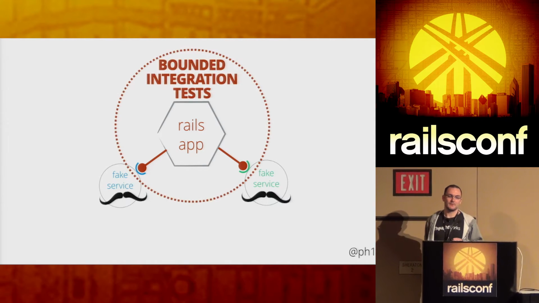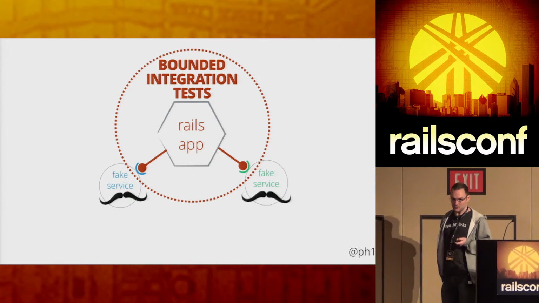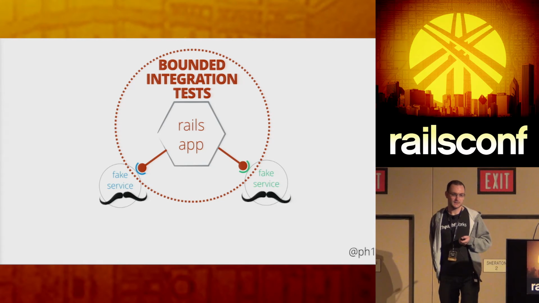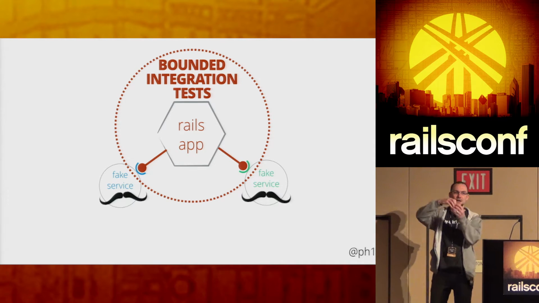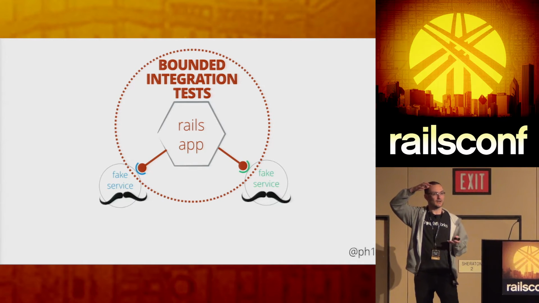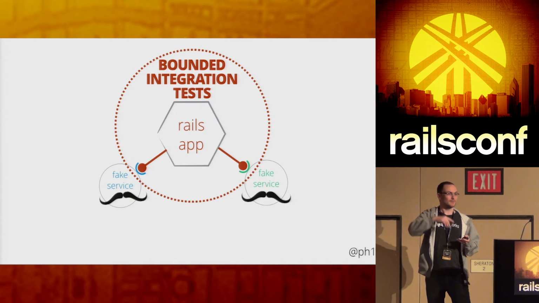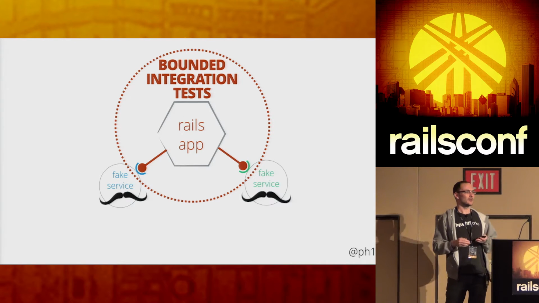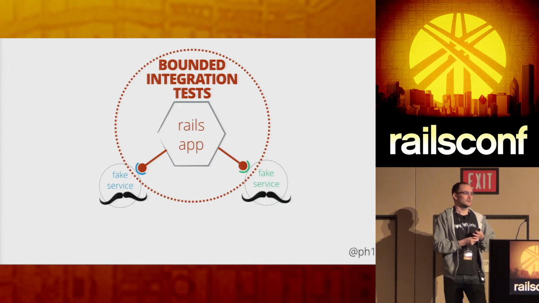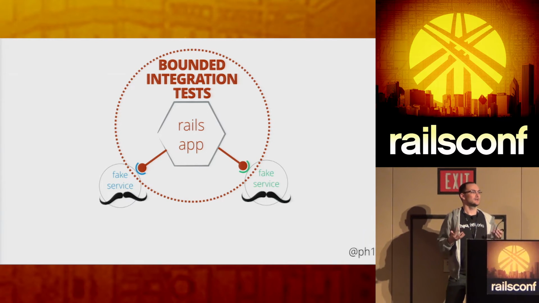And by doing that, we were allowed to run these things that we called bounded integration tests. So these were tests that tested the entire stack of our Rails application, from top to bottom, from HTML all the way down to the network. But we were testing that in isolation.